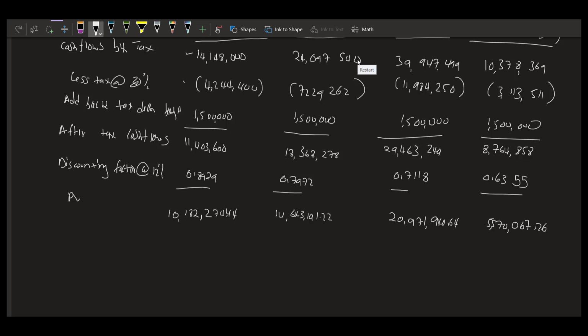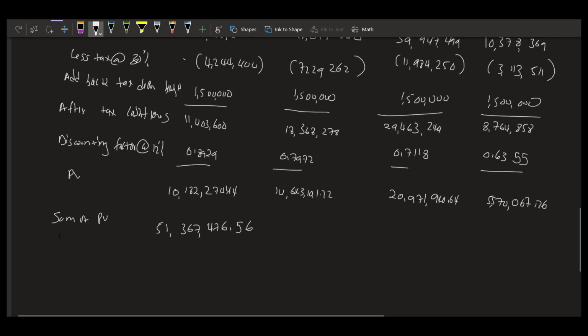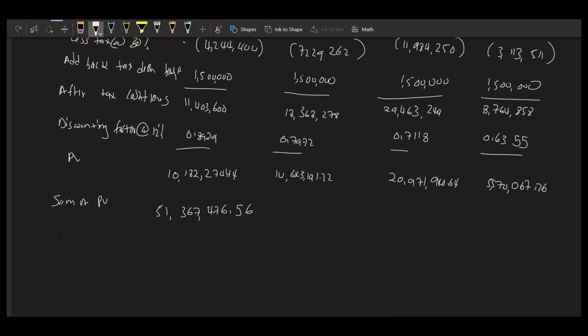Now we go ahead and add all these present values. The sum of present values is 51,367,476.56. I go ahead and less the initial outlay.